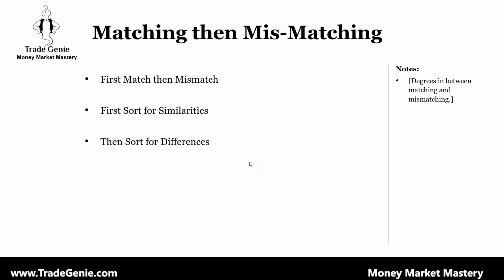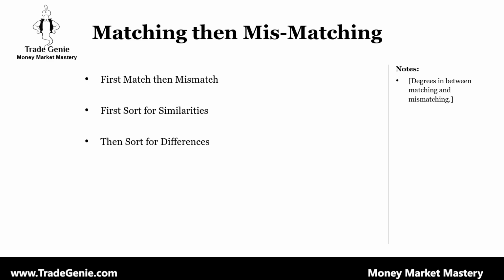There are also people who match and then mismatch. They have a certain way of doing the analysis. They first match and figure out what is matching, and then look for the things which are not matching. So maybe you're evaluating a trade and you're saying, okay, all these things are lined up, but this is not lining up.